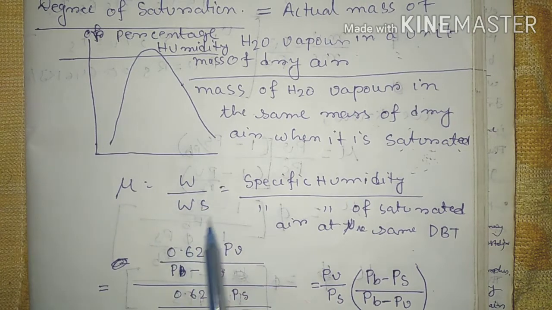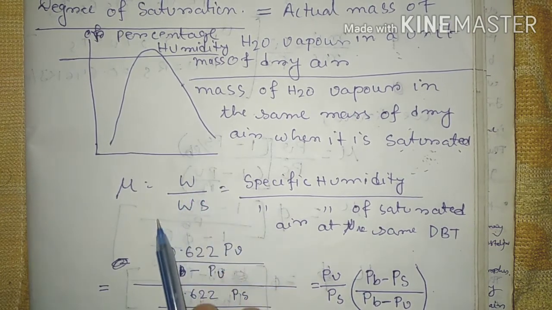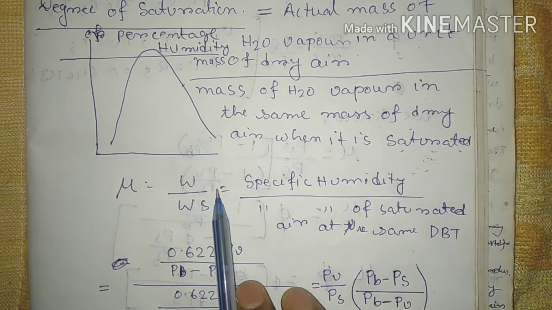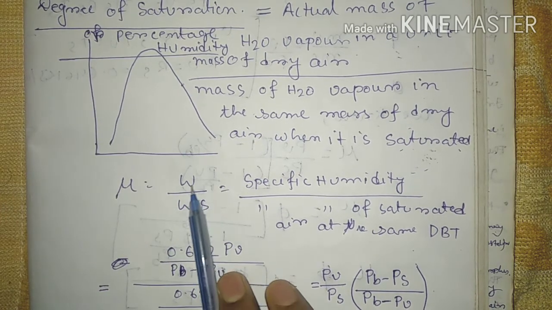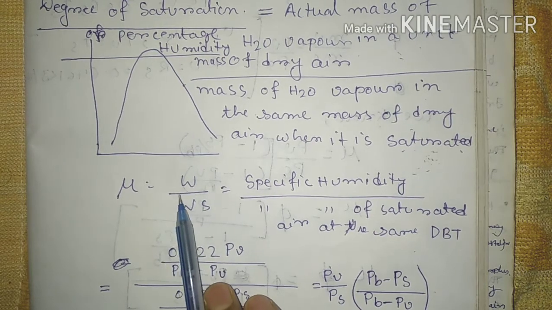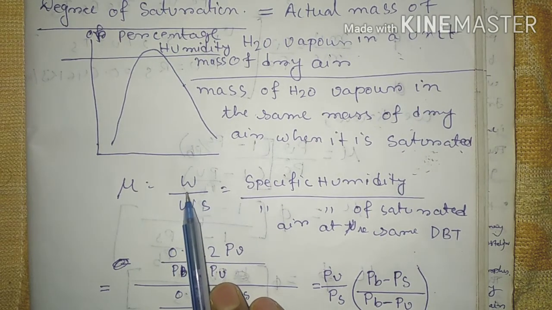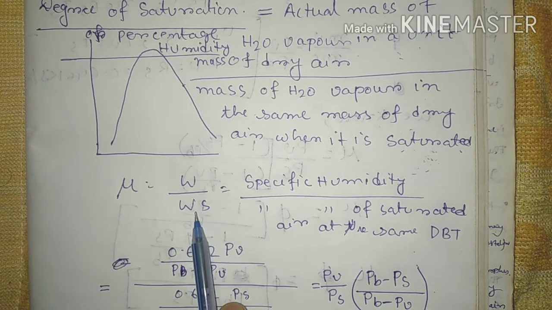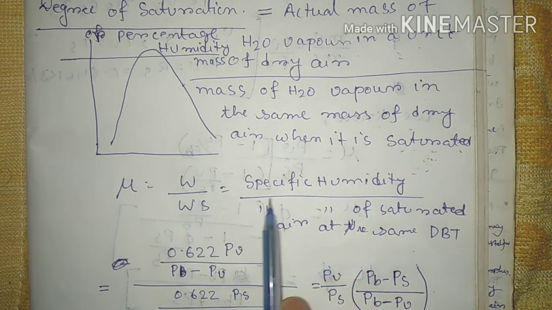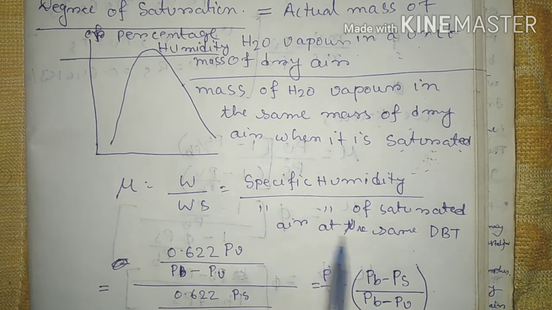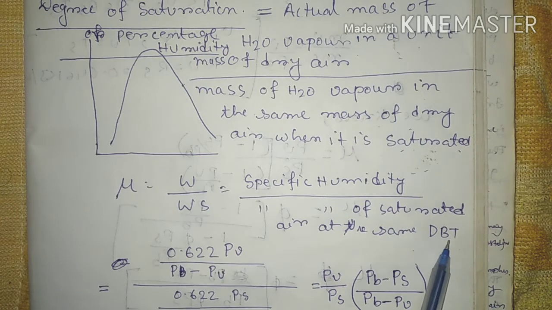So the maximum specific humidity is also called Ws, or specific humidity at the saturation state. So degree of saturation is defined as W by Ws, the specific humidity divided by the specific humidity of saturated air at the same dry bulb temperature.